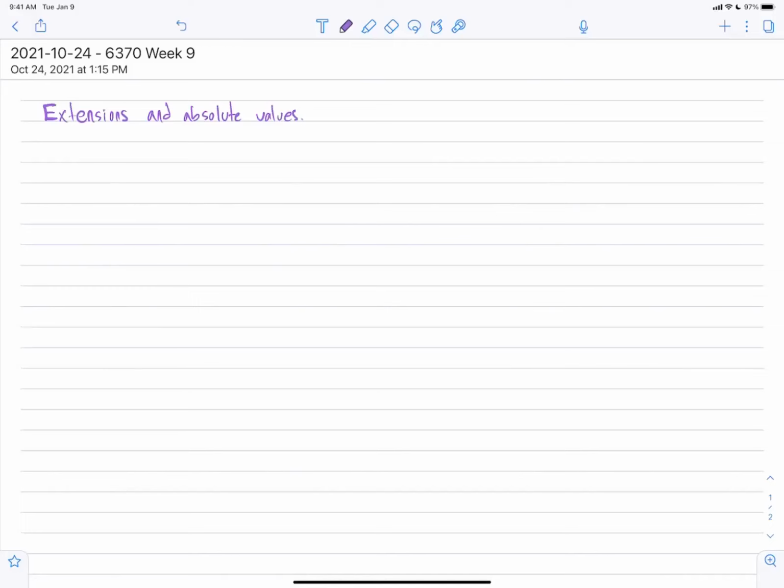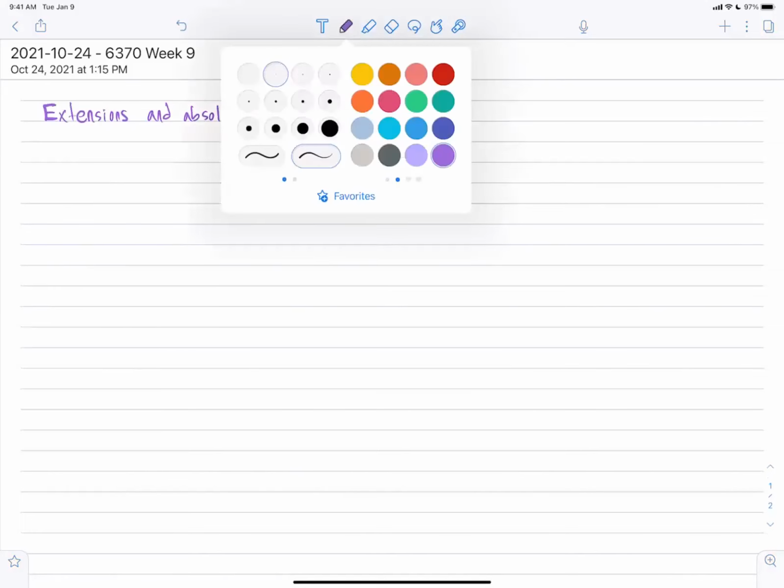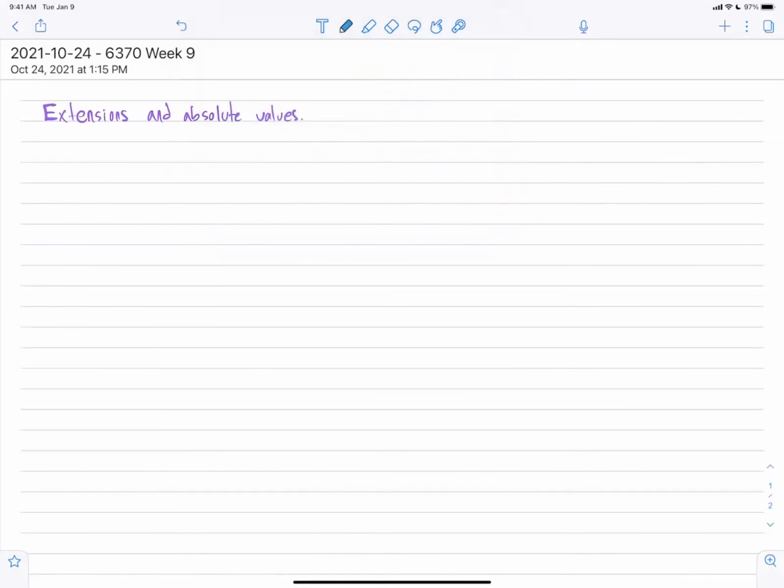Let me just start by recalling something that's come up before. It's kind of important. So, for example, let's look at a number field.